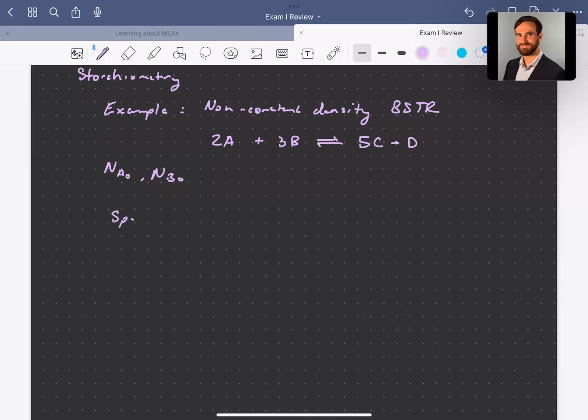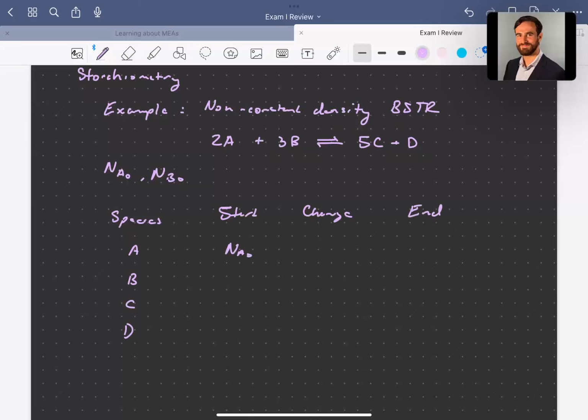So here we keep track of our species, A, B, C, and D, and how much we have initially, how much it changes in terms of conversion with reaction, and then how much we have at the end or at some later time t.